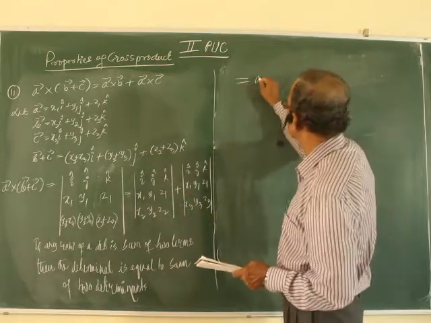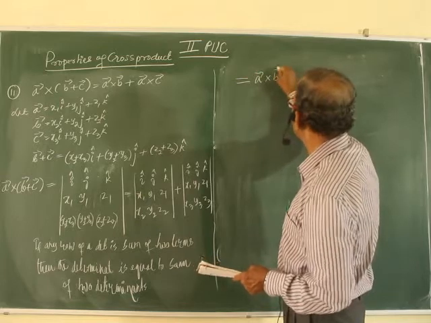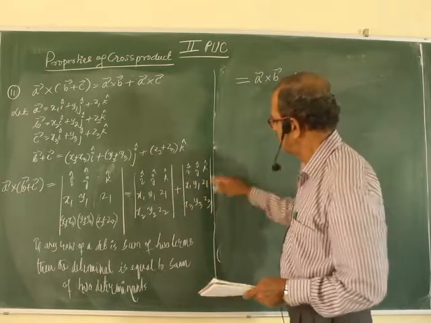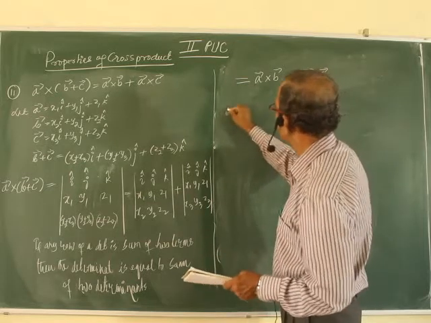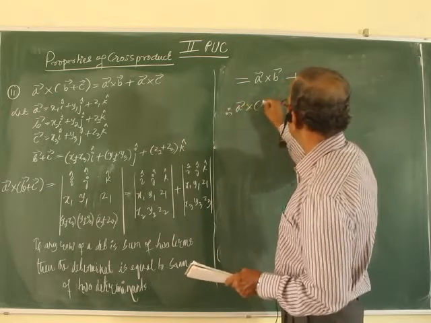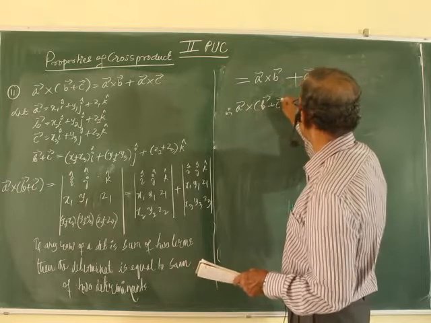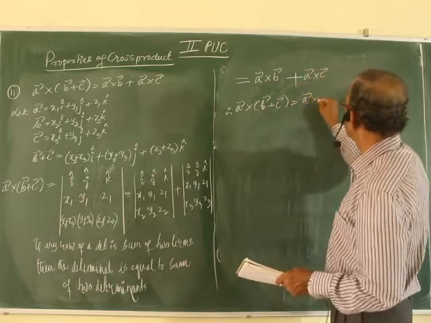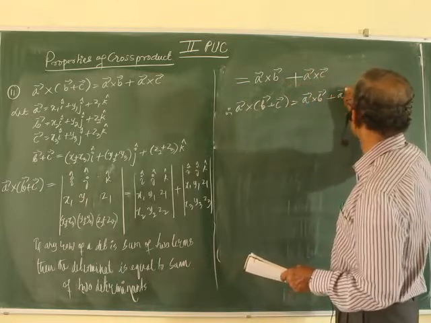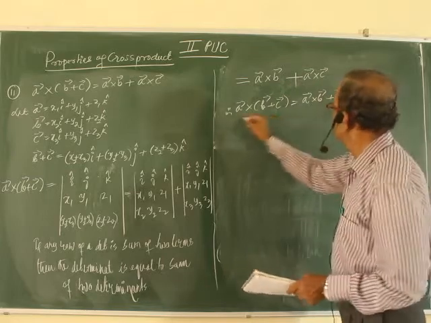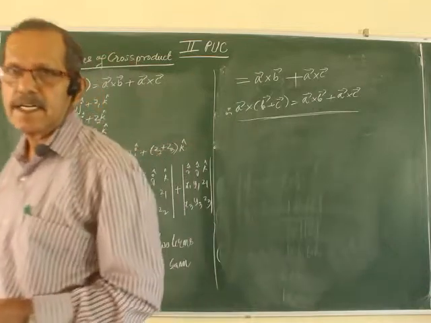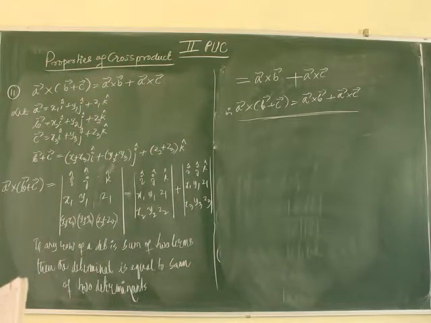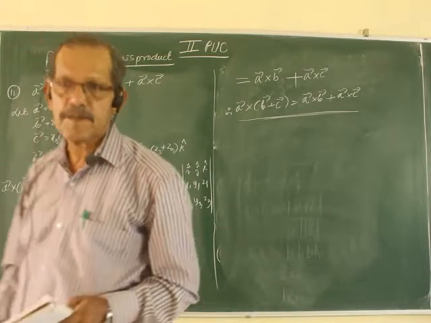It is A cross B plus this one, A cross C. Therefore, A cross (B plus C) is A cross B plus A cross C. Using the property of the determinant, you can show that A cross (B plus C) is A cross B plus A cross C.